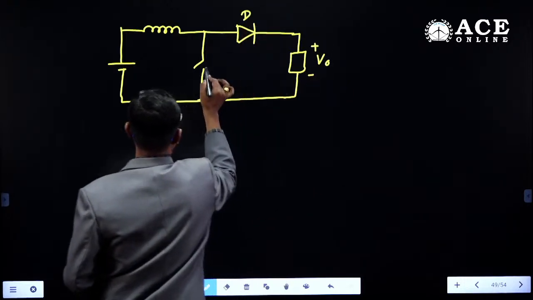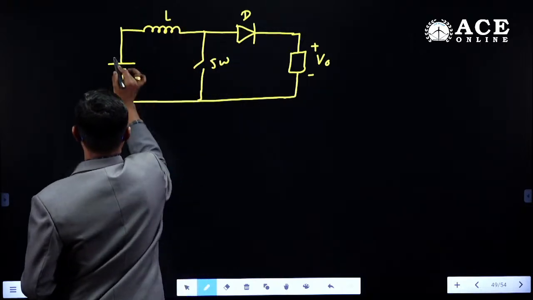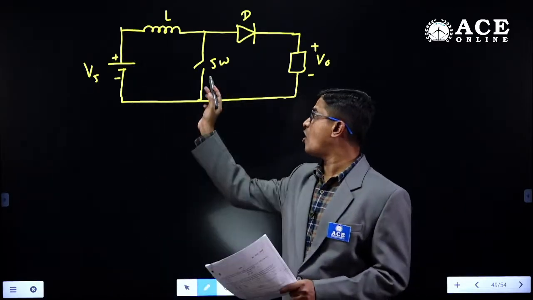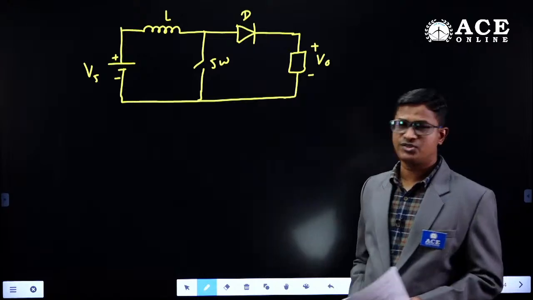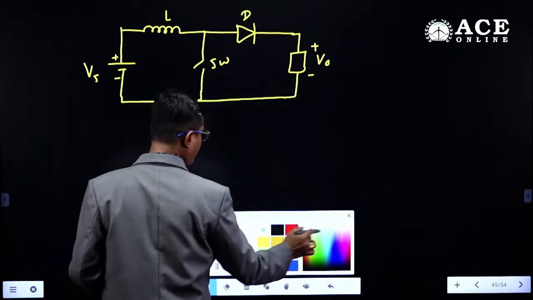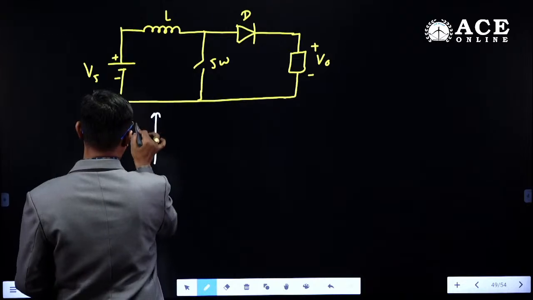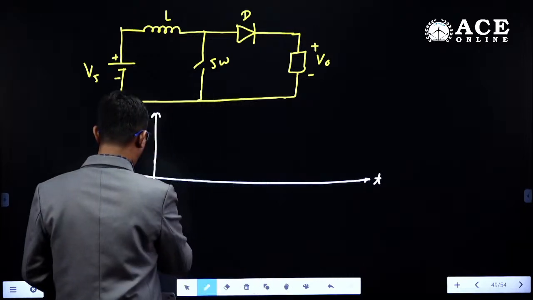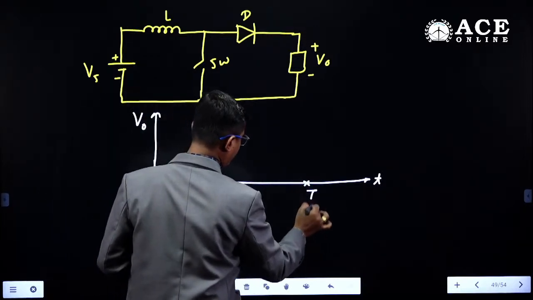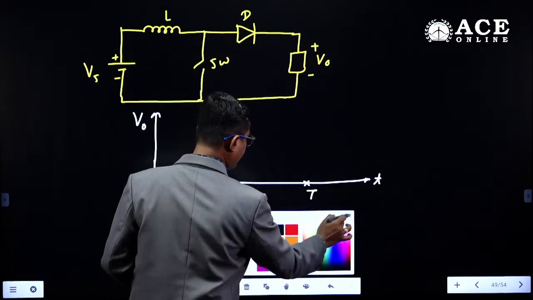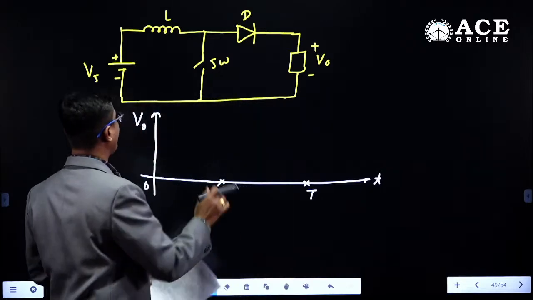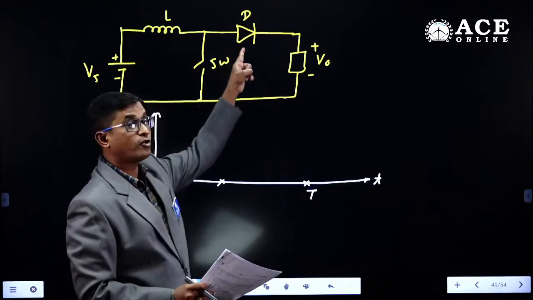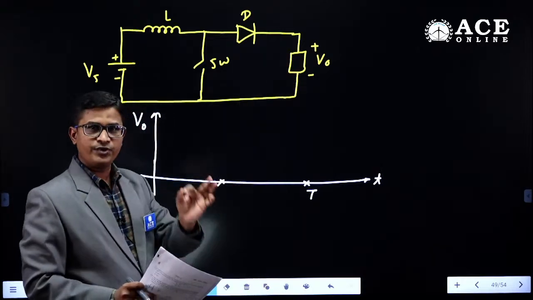This is diode D, switch, inductor, and this is Vs. Now here, when the switch is in the on state, V0 is 0. So the V0 waveform is like this. During the on time of the switch, V0 is 0, because when the switch is on, the inductor stores energy, the diode is like an open circuit, and current does not flow through the load.